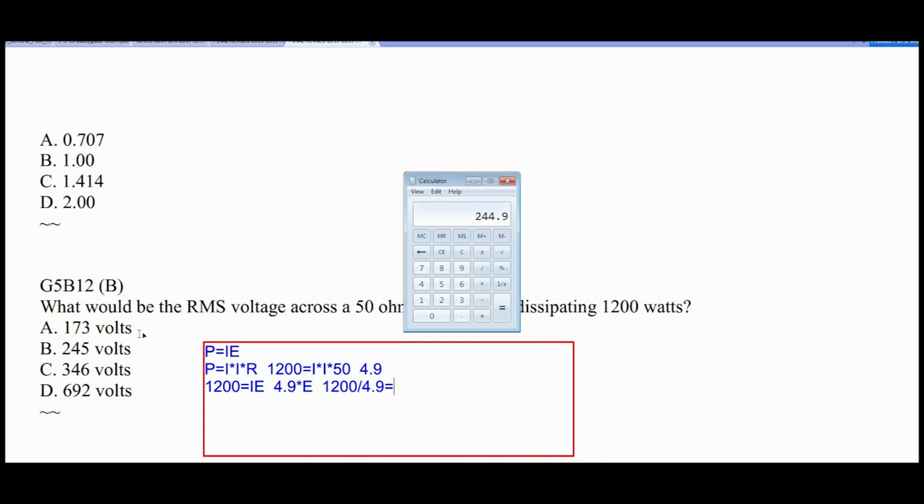So the answer is B, 245. We solved P equals I squared R. The current ended up being 4.9, divided into 1200 volts, gave us the 245. All right, on to the next one.